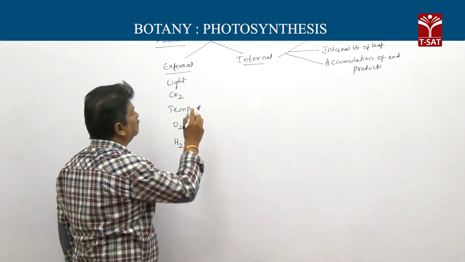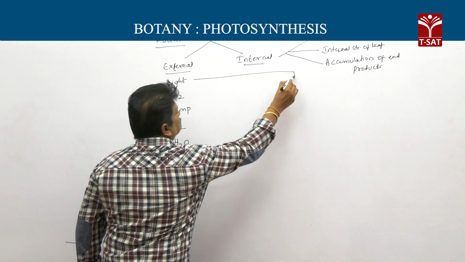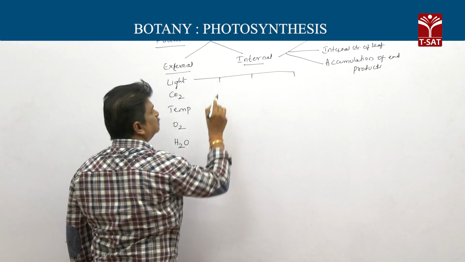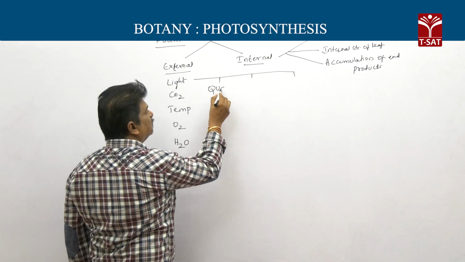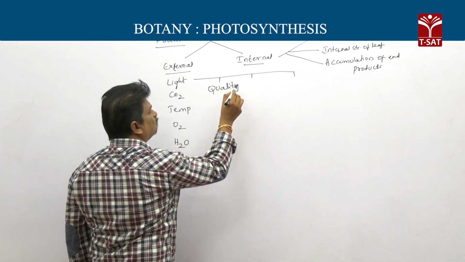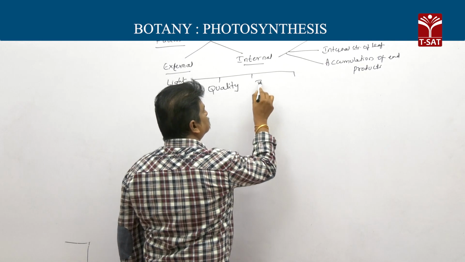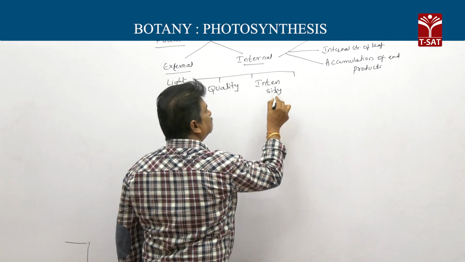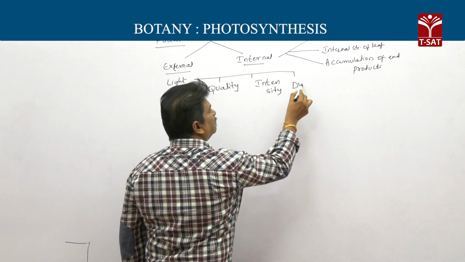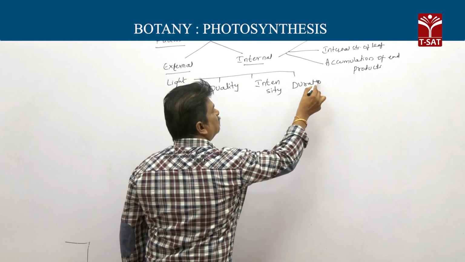Light influences photosynthesis in three ways. One is quality, second one intensity, and third one duration.